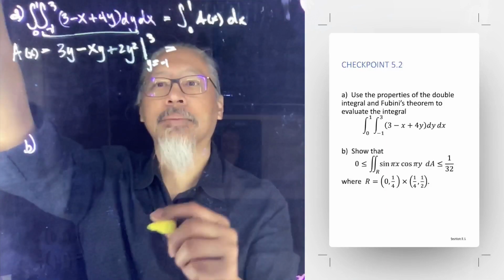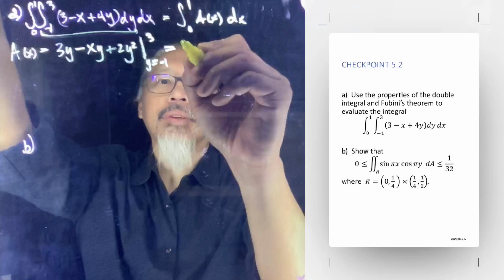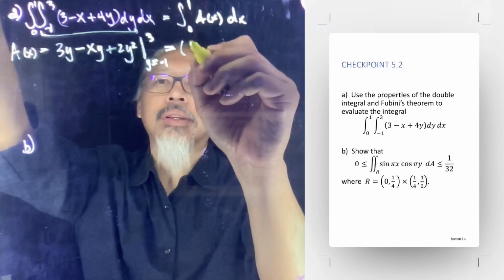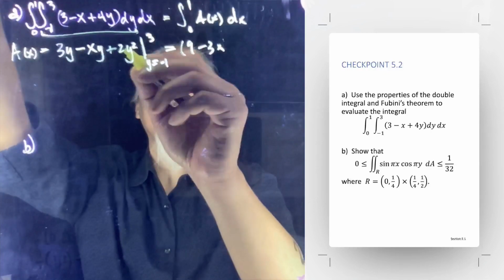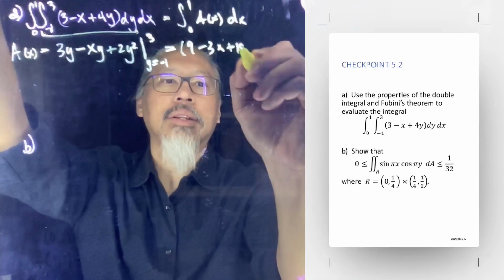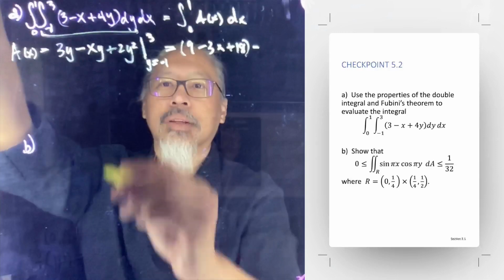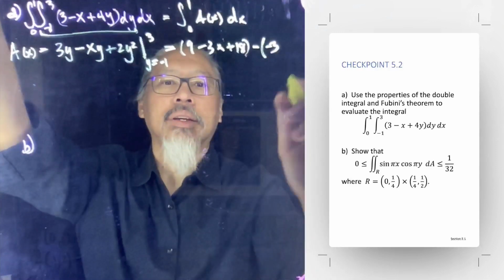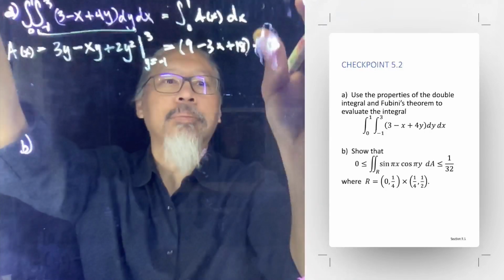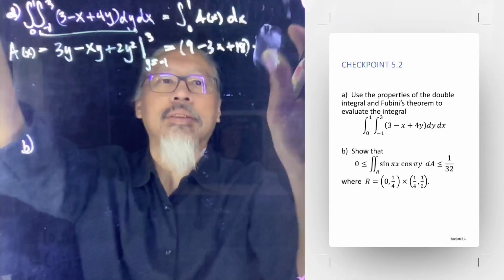It could get confusing. First, we put the 3 in there. We're going to get 3 times 3 is 9. This is going to be 3x, and 3 squared is 9, times 2 is 18. And we're going to subtract when we put -1 in there. That's going to be a -3. Running out of room, so let's do it on the next line.